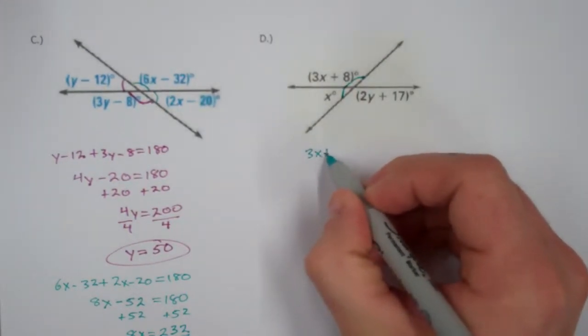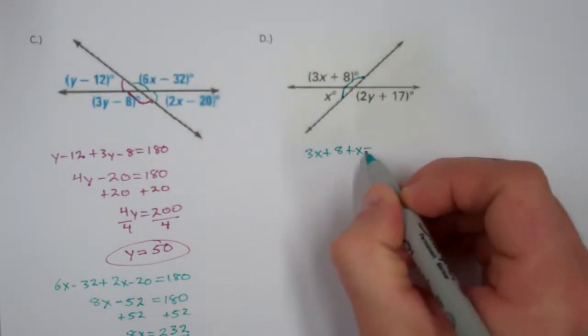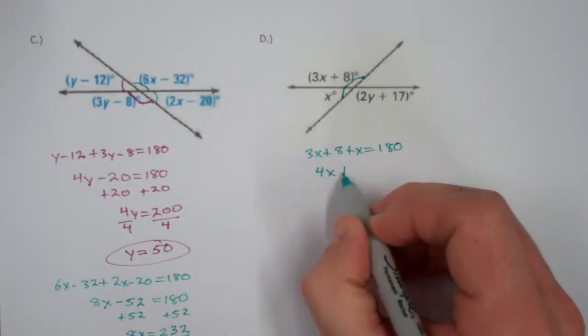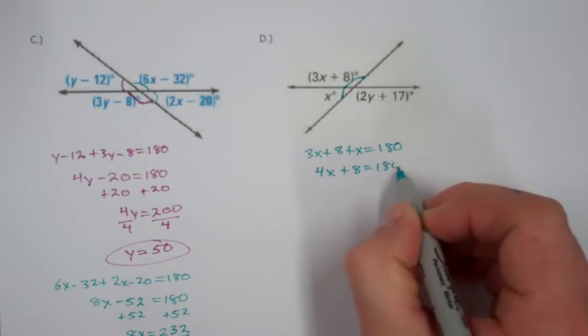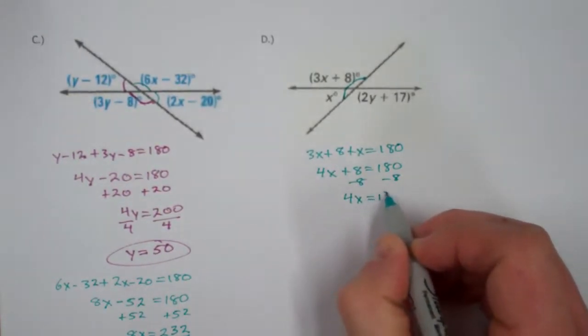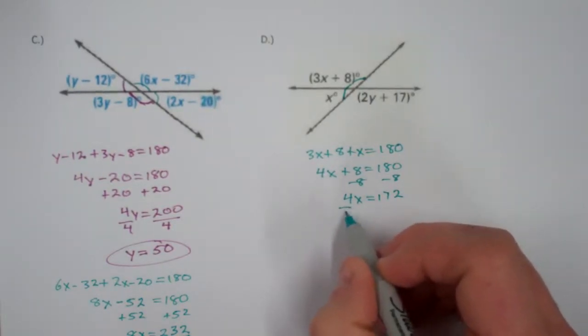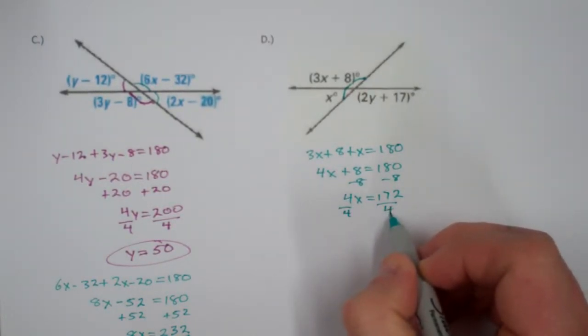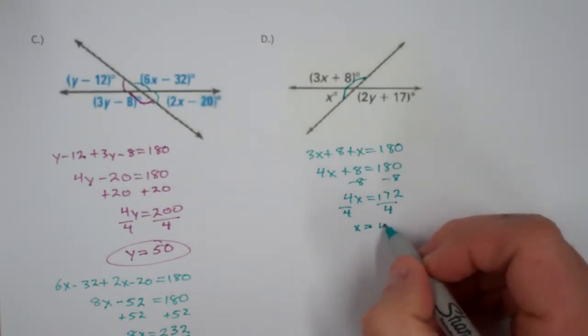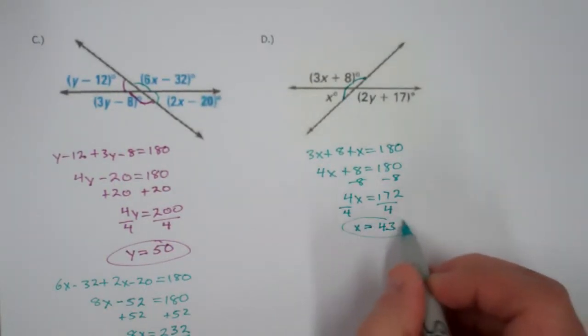So we can do 3x plus 8 plus x is equal to 180. 3x and x is 4x. We'll subtract 8 from each side. 4x is equal to 172. And then we'll divide each side by 4. So we should have 43, I think, for x here.